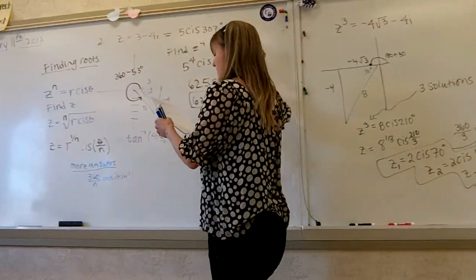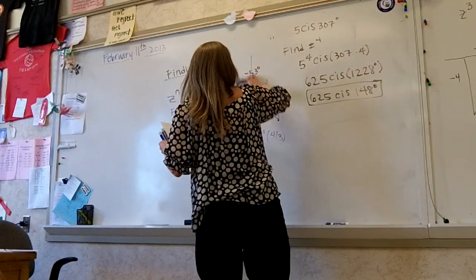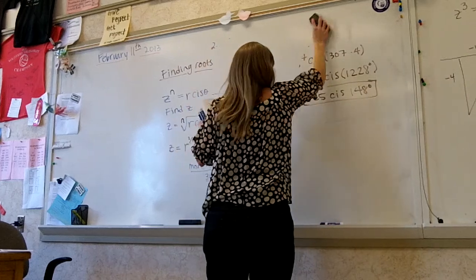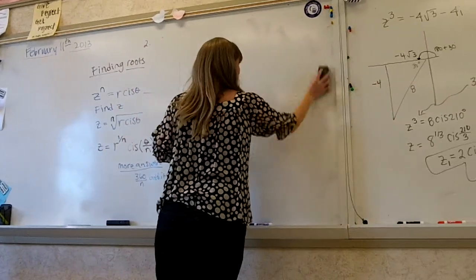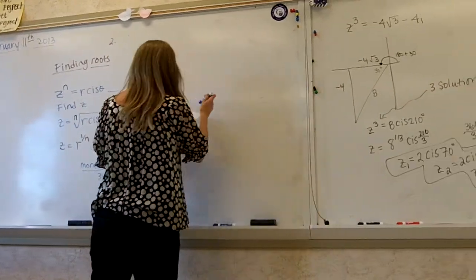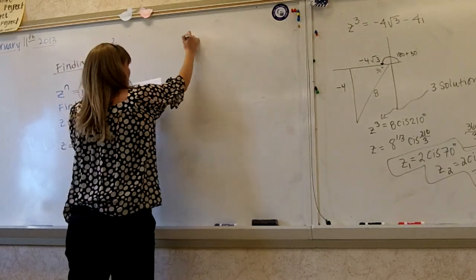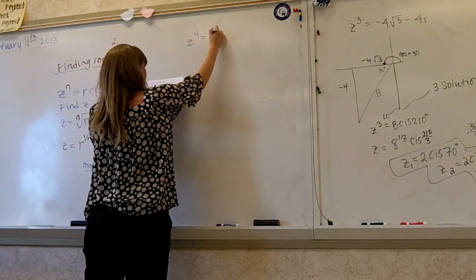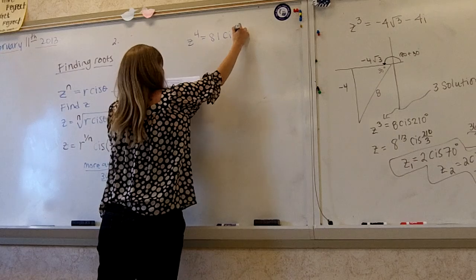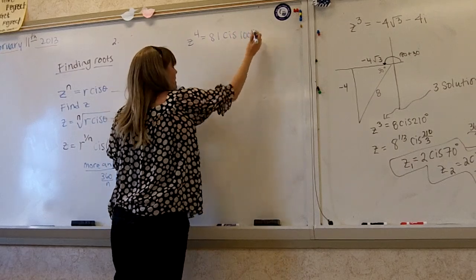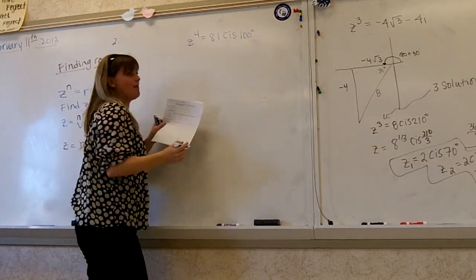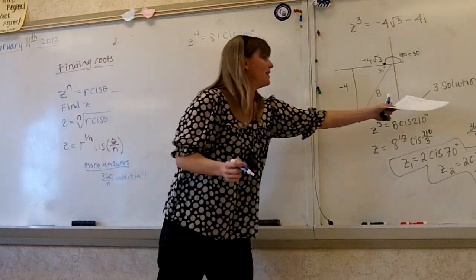Let's do number 5. So number 5, I have z to the 4th is equal to 81 cis 100. So if I want to find z, how many solutions will I have?